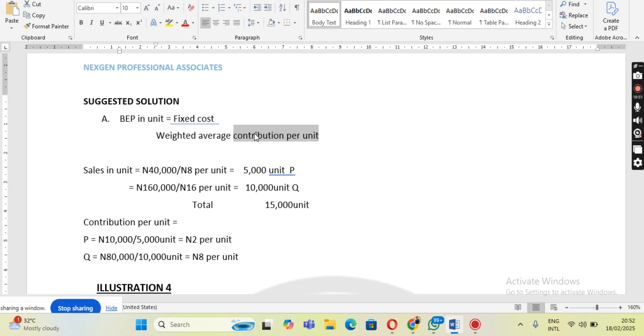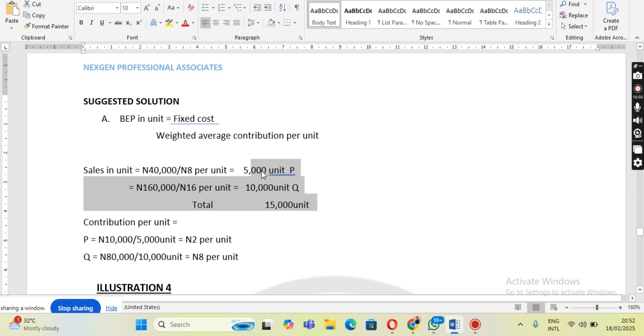If it is value, get the sales value. Do it this way and get the value first. Now, the next thing is contribution per unit. Get your contribution per unit. What is the next thing? It is for you to match these two together: your unit as well as your contribution per unit.